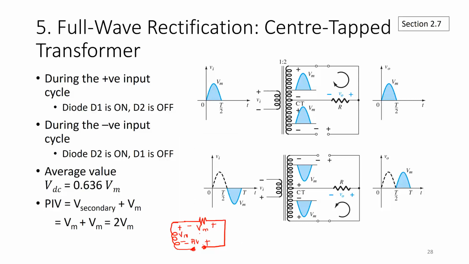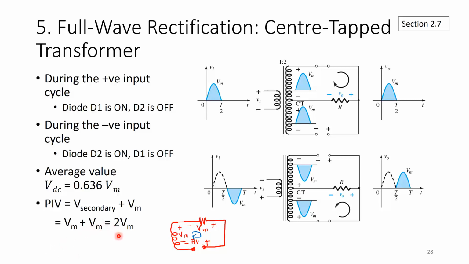So if we do a KVL around this loop, I'm going to get negative Vm, so negative Vm minus Vm plus PIV is equal to 0. So PIV is actually Vm plus Vm, which is equal to 2 Vm.